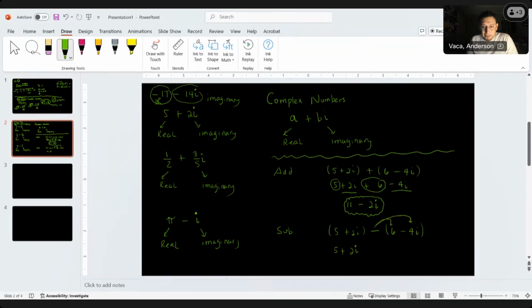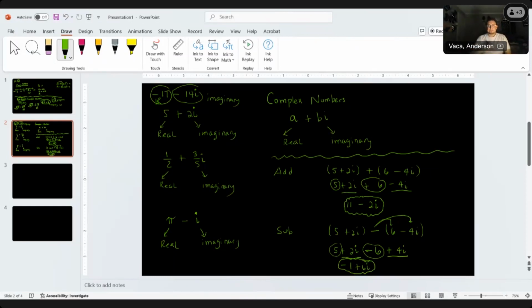So when I get rid of the parentheses, we'll get minus 6, and negative times a negative becomes positive 4i. I just need to pay a little bit more attention when I'm doing a subtraction because of this. All right, so then combining like terms, the reals will give us negative 1, and the imaginaries will give us plus 6i.